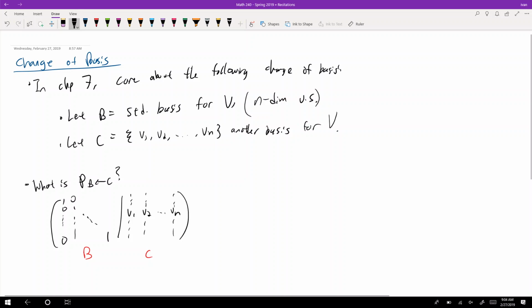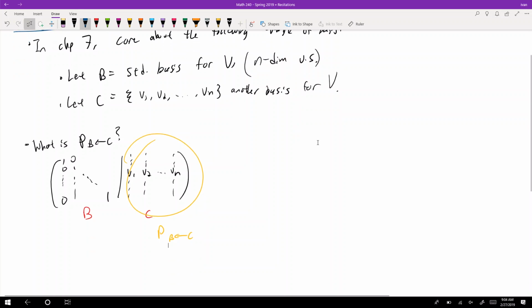But then what is your change of basis matrix? It's just C, because you're already done. You already have the identity matrix on the left. So when B is the standard basis, this is just going to be P from C to B. There's no work you need to do. It's literally just the basis vectors of C all written down.